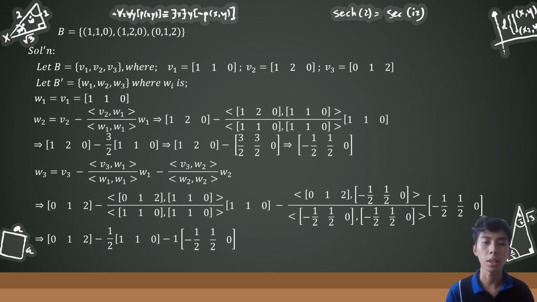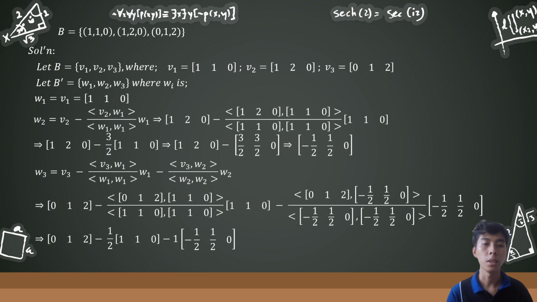So 0 times -1/2 plus 1 times 1/2 plus 2 times 0 is equal to 1. And -1/2 times -1/2 plus 1/2 times 1/2 plus 0 times 0 is equal to 1.